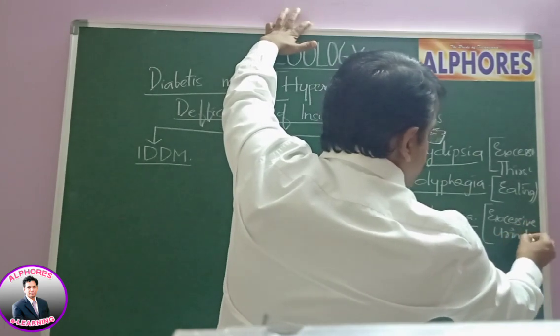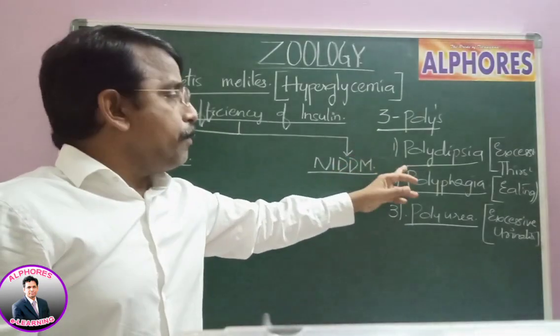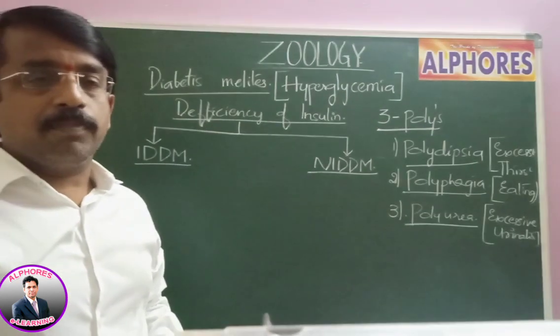So the three polys, polydipsia, polyphagia and polyuria, are observed.